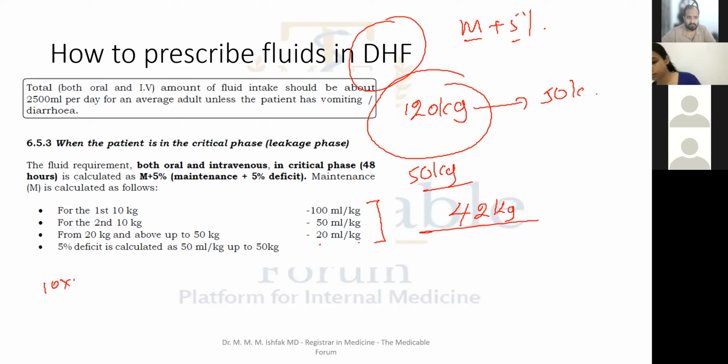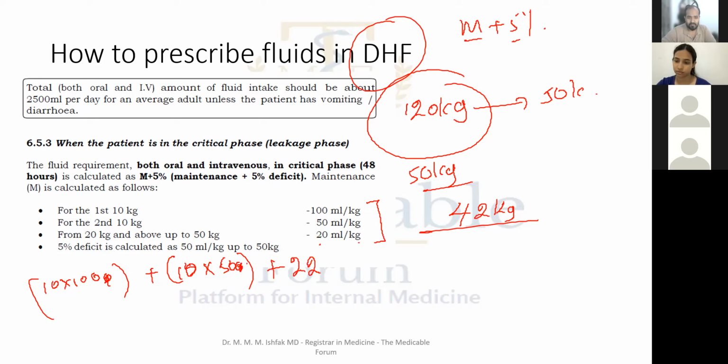First 10, then the second 10, 10 into 100 and 10 into 50. So then 42 means you have another 22 kilos, right?